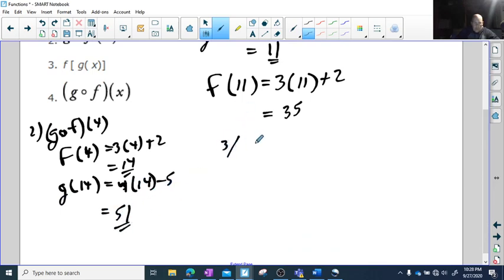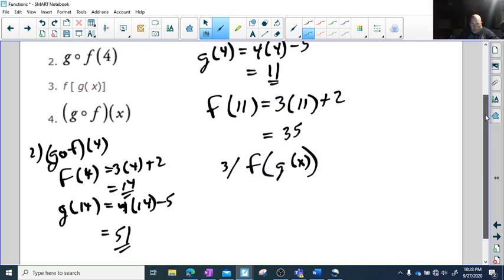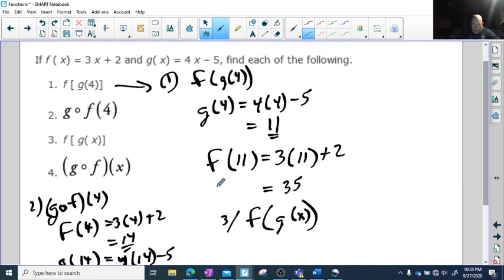If you look at our third example, which is f of g of x, this one's not a numeric example, so it's telling me go to function f and replace x with g of x. So it's 3, and instead of x, I put g of x in its place.